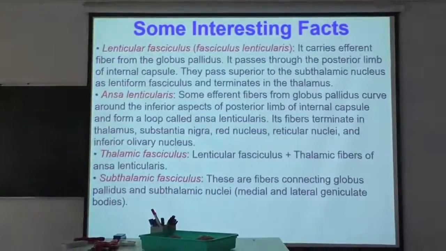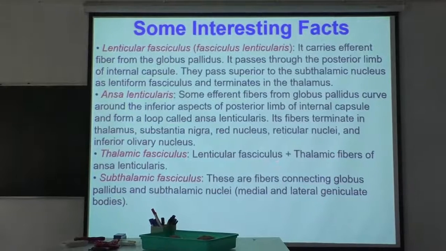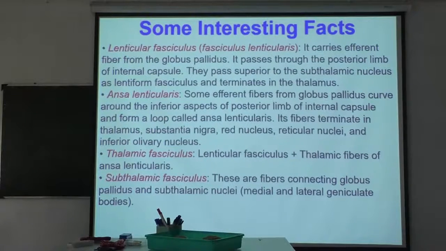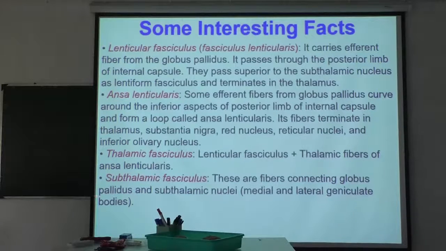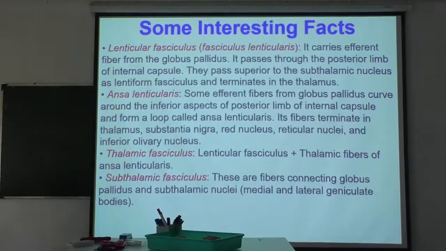Next is thalamic fasciculus. It is formed by lenticular fasciculus and thalamic fibers of ansa lenticularis, so previous two. And subthalamic fasciculus, these are fibers connecting the globus pallidus and subthalamic nuclei, median and lateral geniculate bodies. These are known as subthalamic nuclei. Okay.